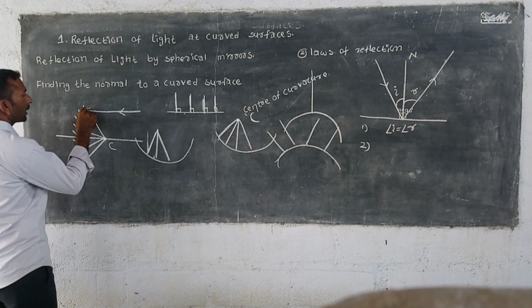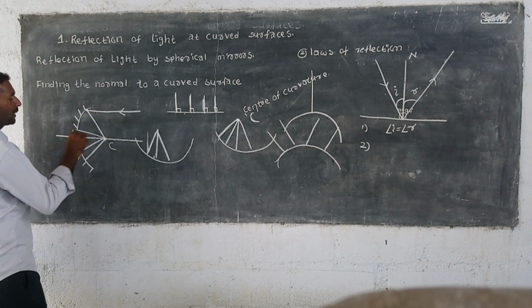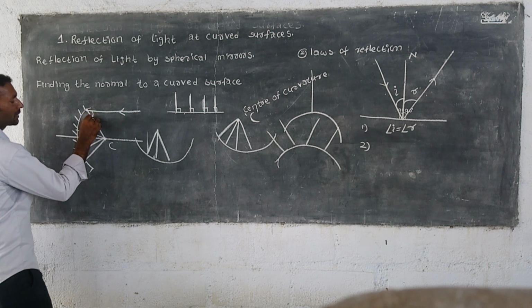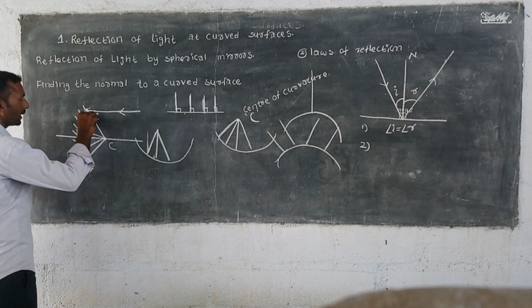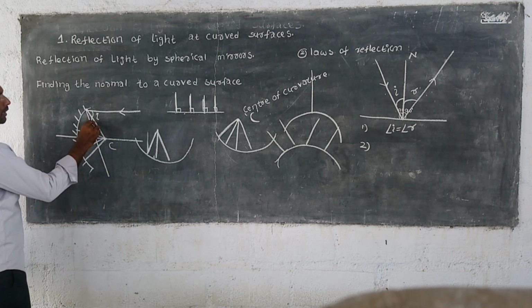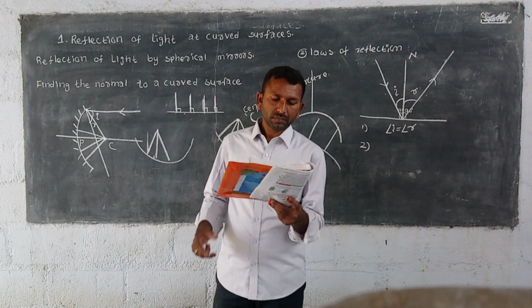It is incident on the curved surface at a certain point, and this is the normal line. The angle between the normal line and the incident ray is called the angle of incidence. After incidence, it reflects with the same angle, and this is called the angle of reflection, angle R.